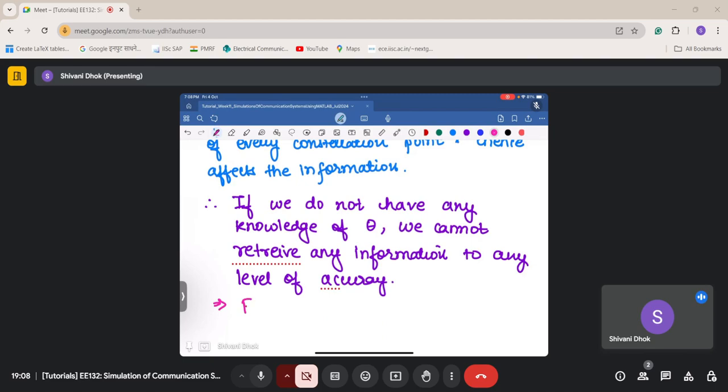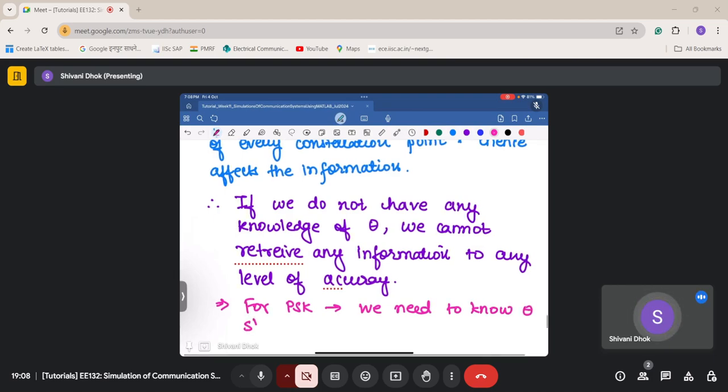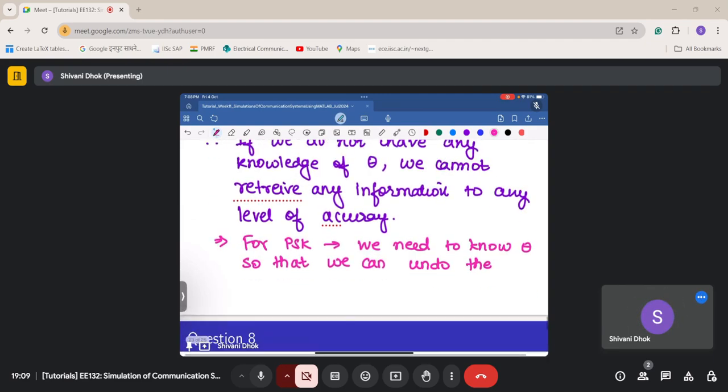Therefore, for PSK, we need to know theta so that we can undo the phase rotation that was introduced by theta.